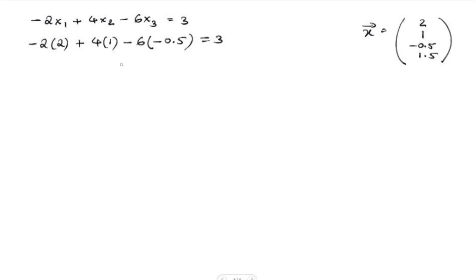So if you solve this, you'll see this is 3, which is equal to 3, and that's true. So the rest of the equations can be done by all of you. You can check that they're actually equal to the values. That's it for this question here. Thank you.